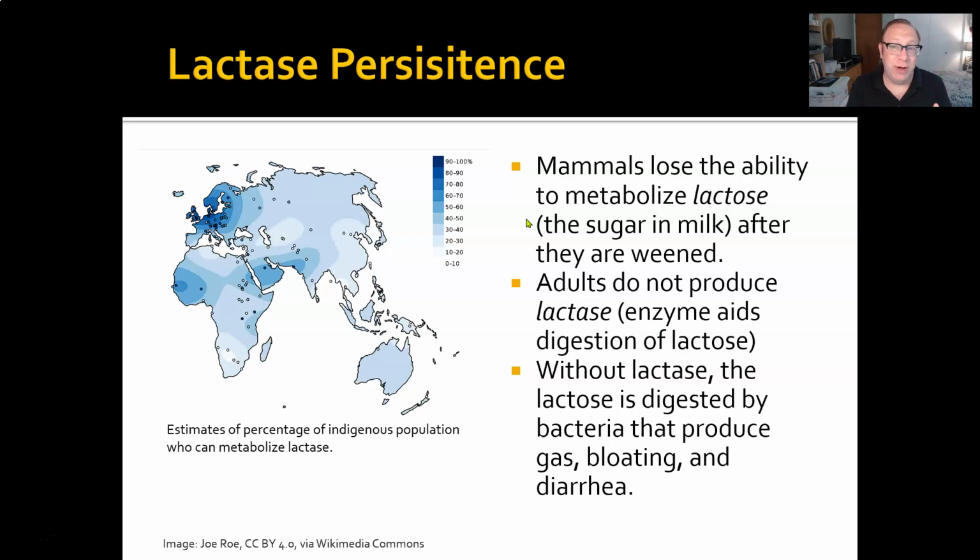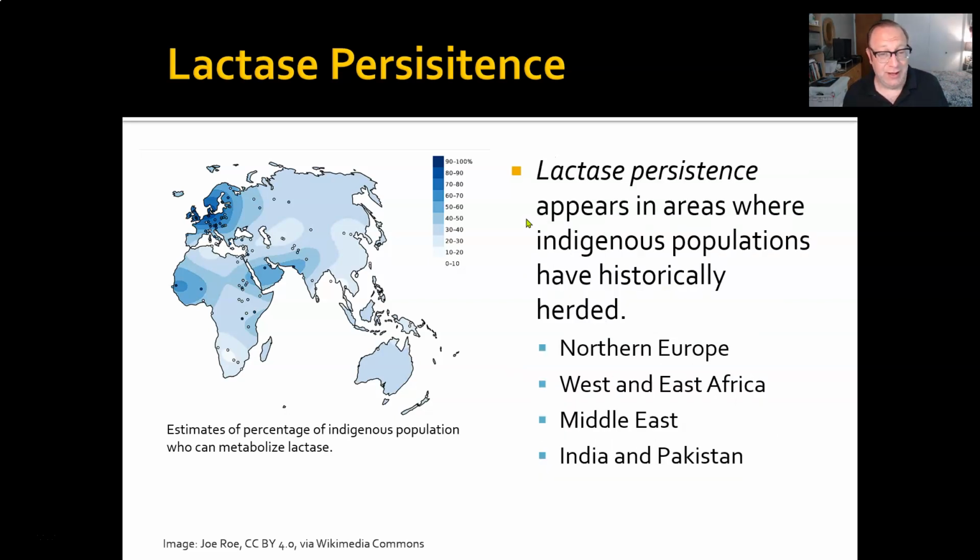And when the bacteria break it down, they produce gas, which can create bloating and ultimately diarrhea. Very serious cases of diarrhea. I will admit, I am one of the lucky norms here who does not have lactase persistence. So believe me when I tell you it's not fun.